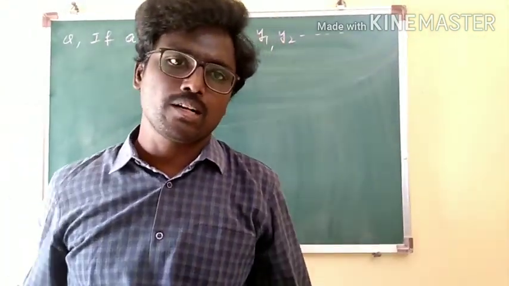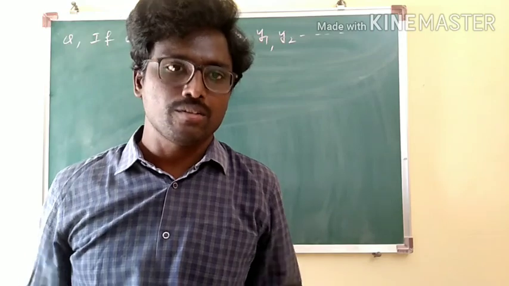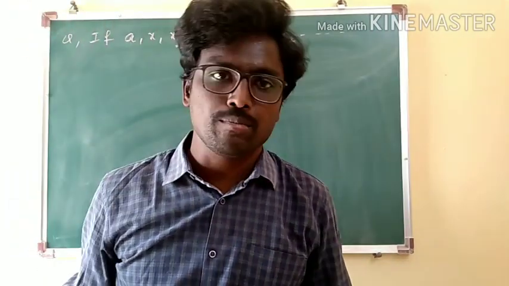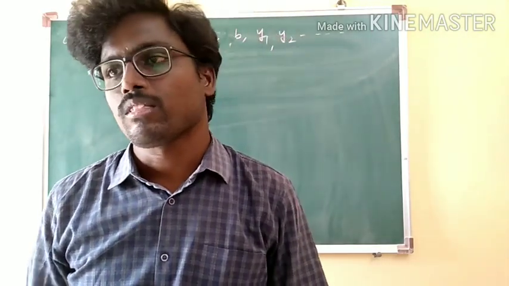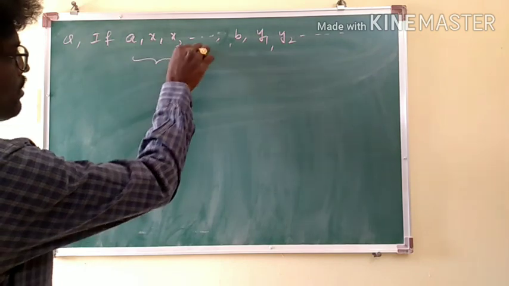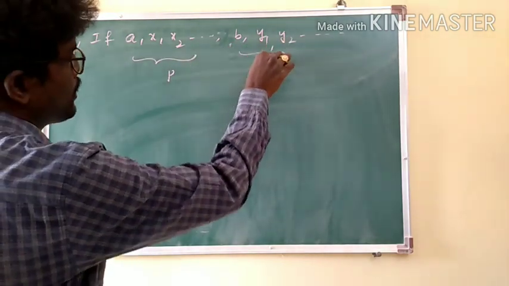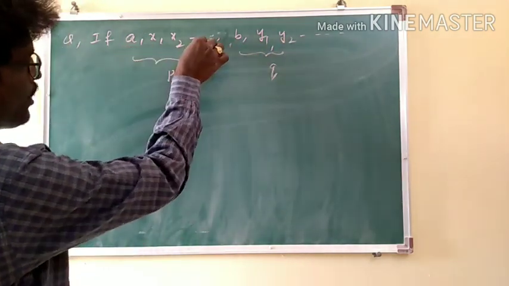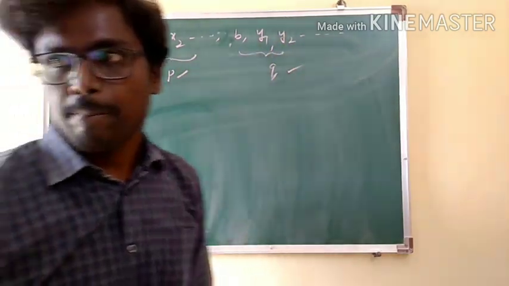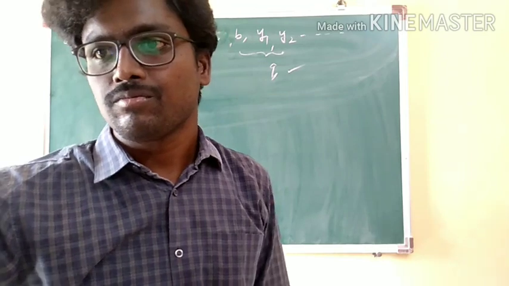Infinite means an unlimited number of terms. APs means arithmetic progressions, with common differences p and q respectively. This AP has common difference p and this AP has common difference q.